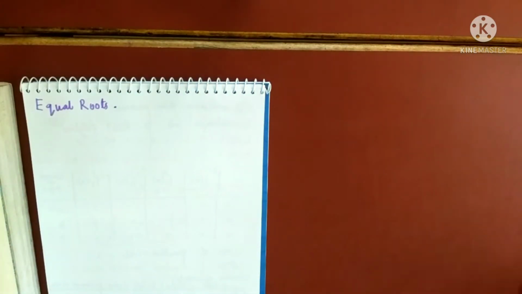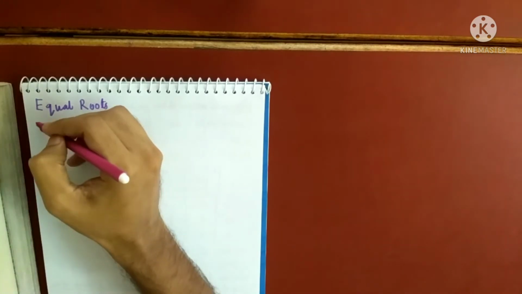We do not count the multiple roots twice. It will be counted only once. Even if a root exists maybe 5 times, in Sturm's method we will count it just once. So let me write down the statement of Sturm's theorem for equal roots.